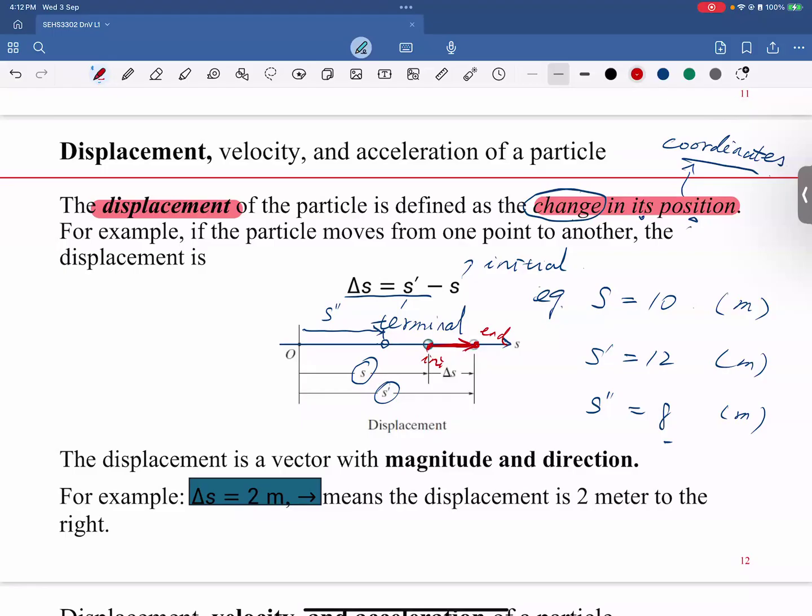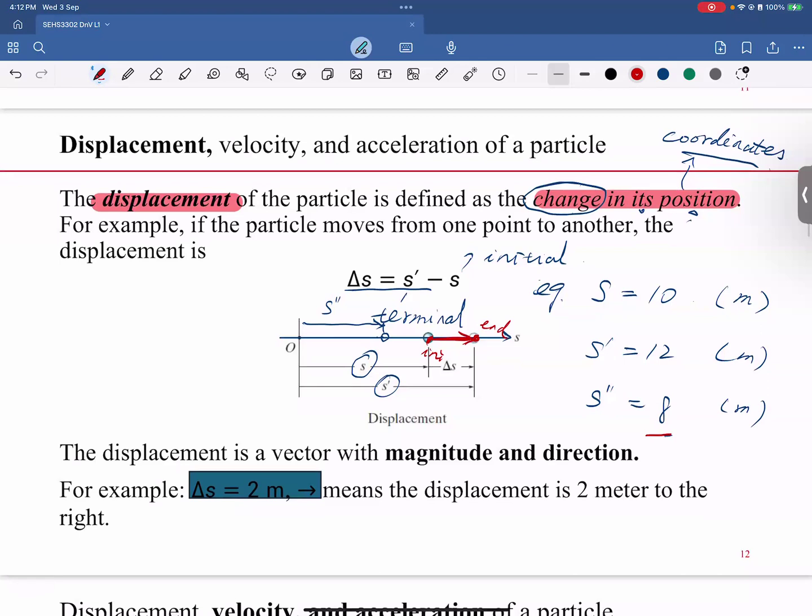And if it is negative, for example, 8 minus 12, it can be from here to here. This is the new end point, and this is the new initial point. From this new initial point to this new end point, you just move like this. I use the red one, okay? The new initial, new end, and it moves to the left. So here, 8 minus 12 is negative 4. Negative 4 means to the left. Okay.